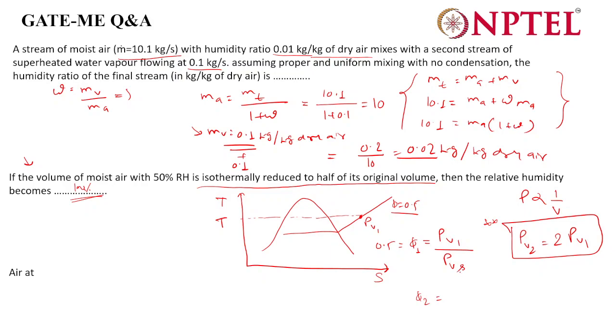We know PV2, and PVS will be the same for both cases, because we are not adding any other amount of water and the temperature is also the same. We did it isothermally, that's why it is the same. So PV2 is 2 times PV1, and PV1 by PVS is 0.5 from this equation. So 2 into 0.5 is 1. So relative humidity is 1, which in percentage we can write as 100%.